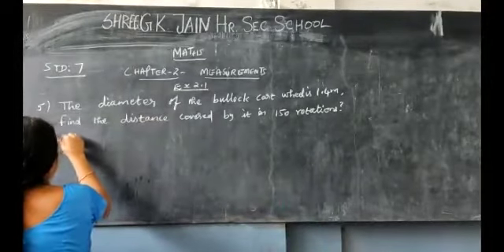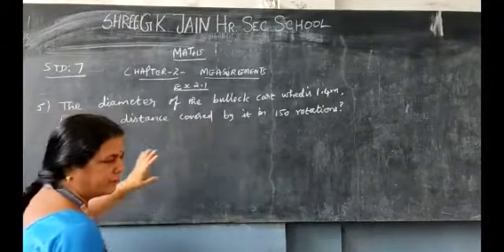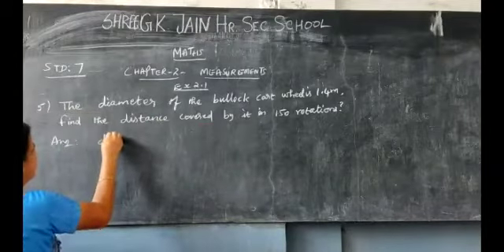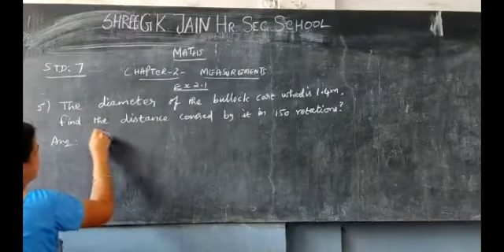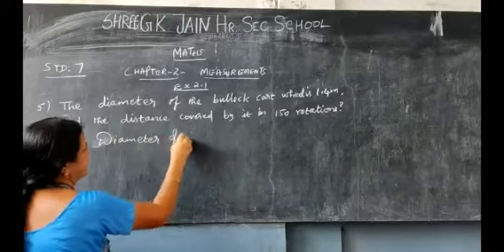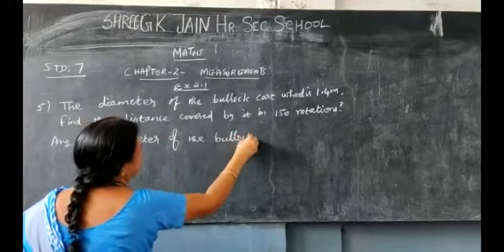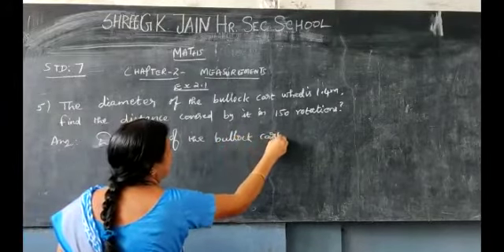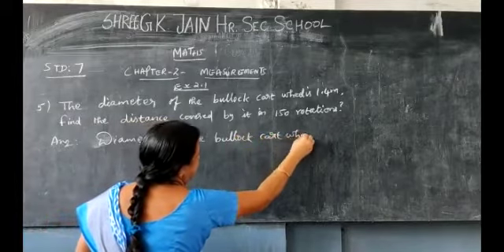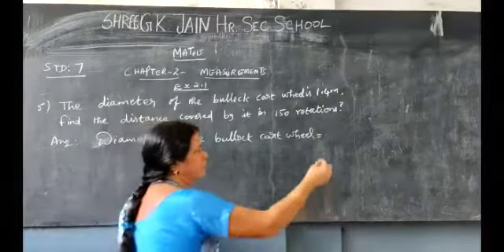So for this, first you are going to write the diameter of the bullock cart wheel.